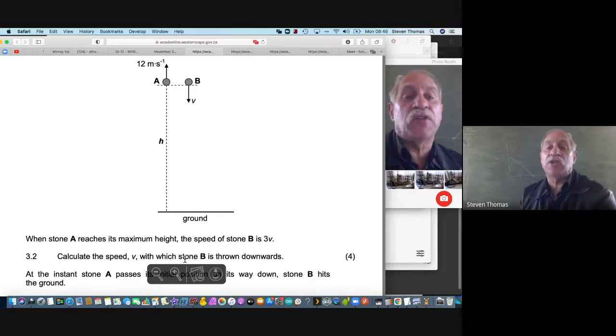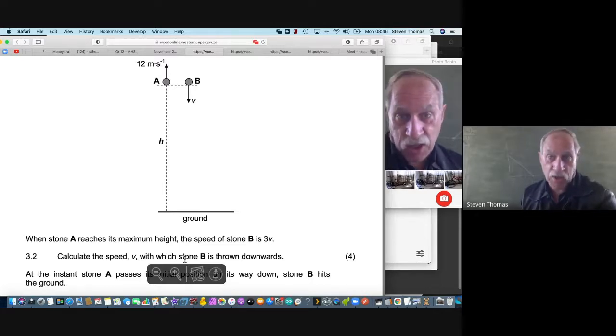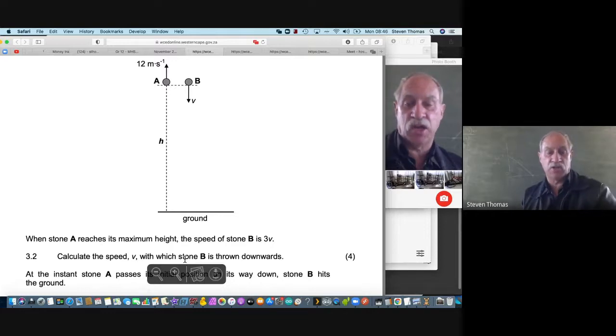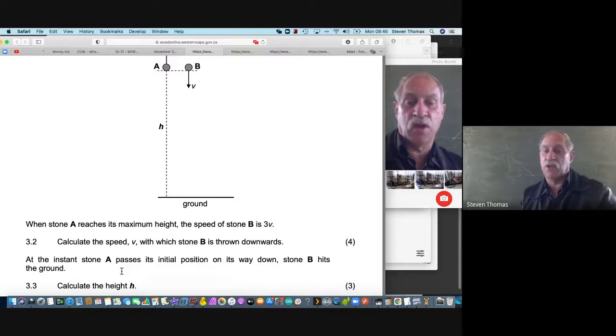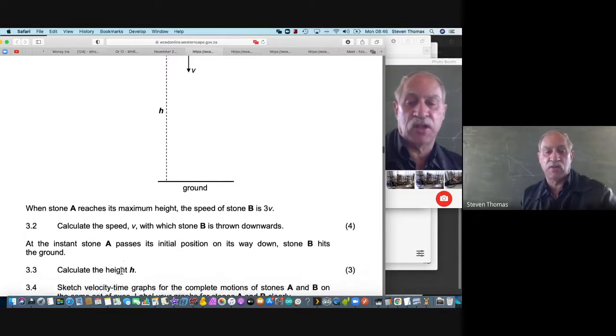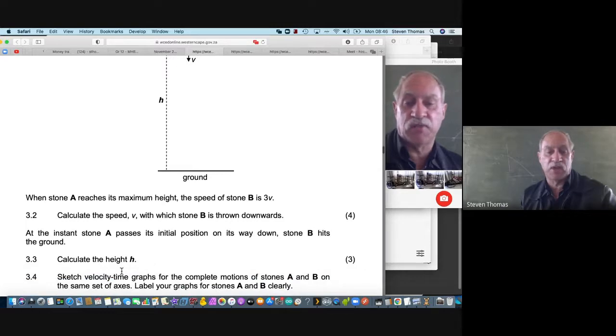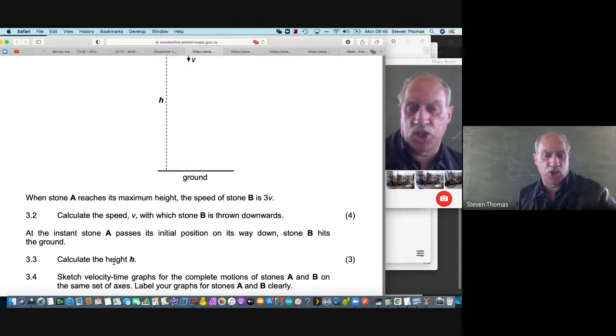Its final velocity is minus 3v. Gravity is minus 9.8, and you're going to work out v. So the v's cancel out, and you'll be able to calculate v. Doesn't look difficult. Calculate the height h.